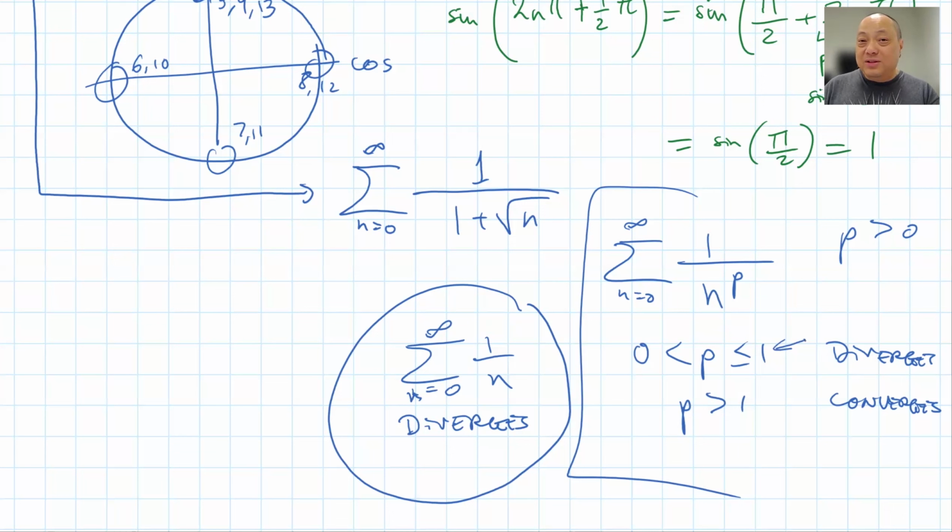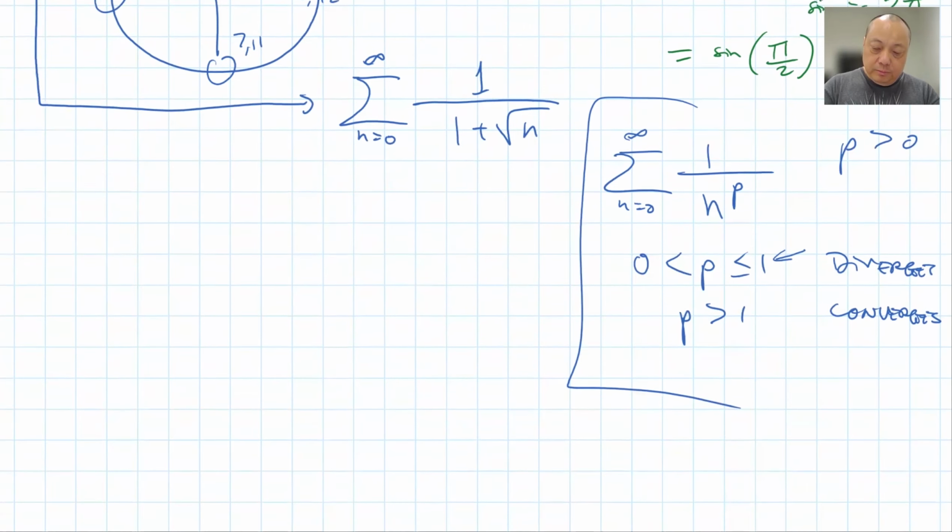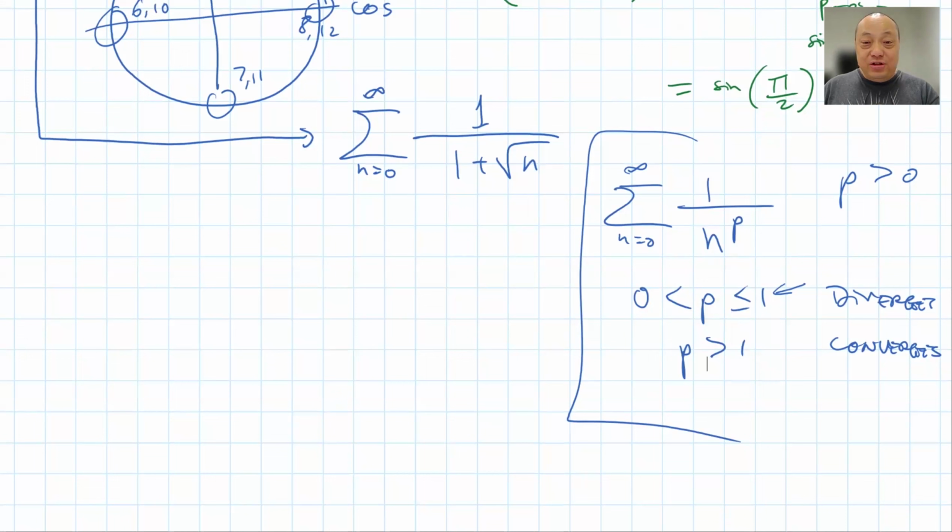Thus, for purposes of the comparison test or the limit comparison test, the harmonic series is very useful in proving that a series diverges, and that's why you should at least remember that part. If you're going to remember all of the p-series, even better. All right, so I look at my series, and I see it's very much similar to the p-series with p equals 1/2, this series.